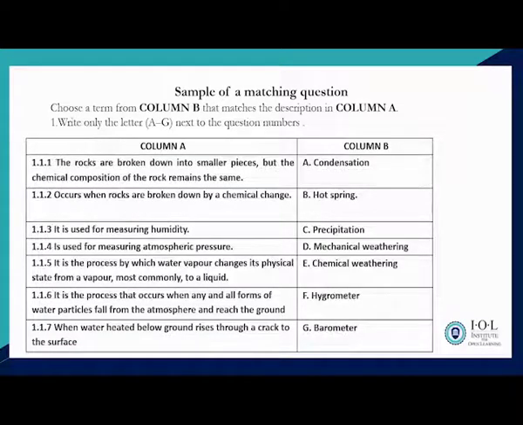If you look at this question from a different angle, it is actually a definition of concepts also. If you know the definition of condensation, obviously you will find it in column A. If you know the meaning of chemical weathering, you will find it in column A.